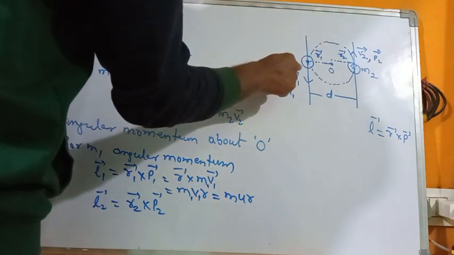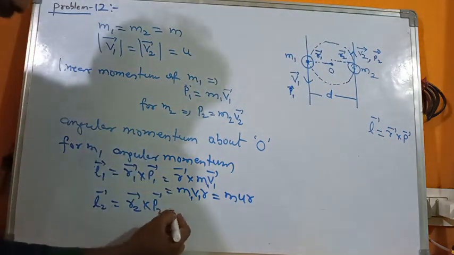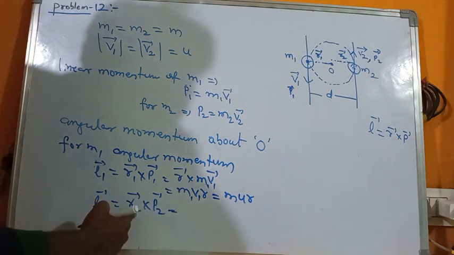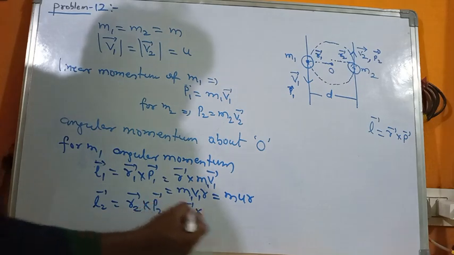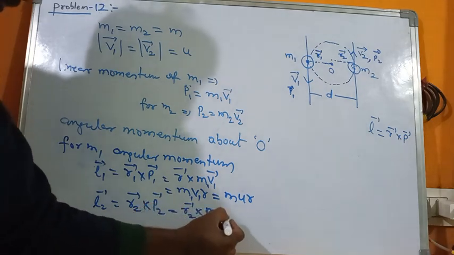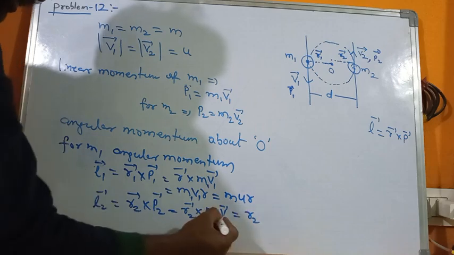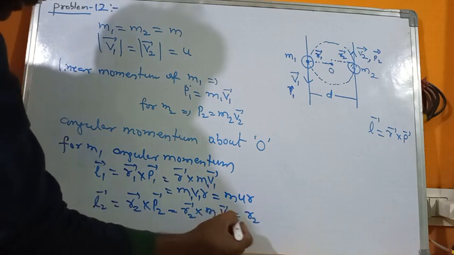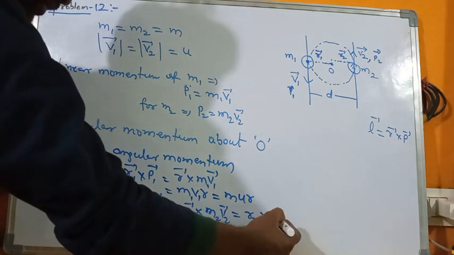So in this case we also get positive. Then r2 vector cross p2 is m2 v2 times r2, where m2 is m and v2 is u.